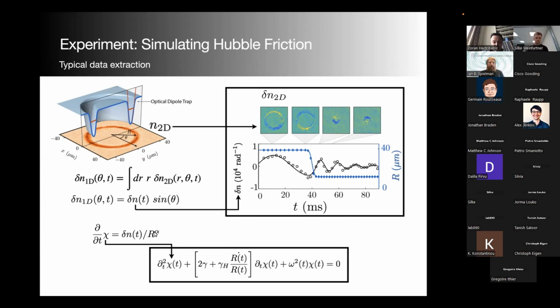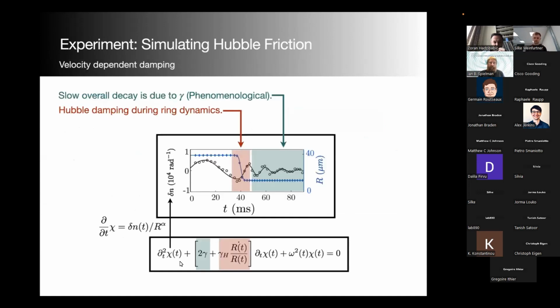Knowing the radius, and having a fit parameter alpha, we can convert from the density variable to the chi variable and fit to this equation for chi. I think I've highlighted this before, but let's reemphasize it.